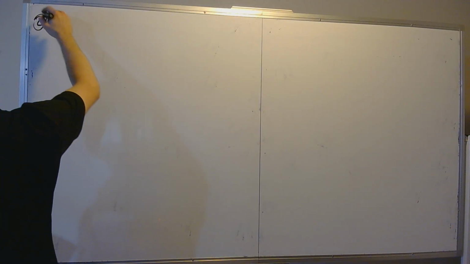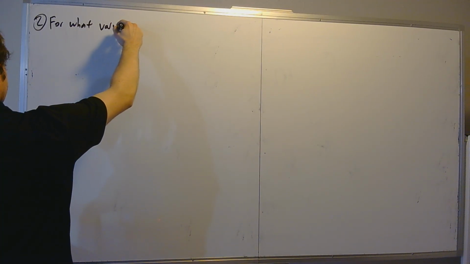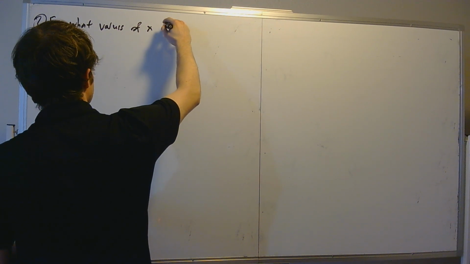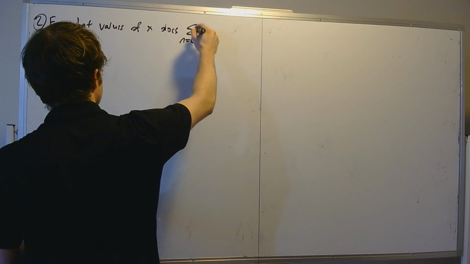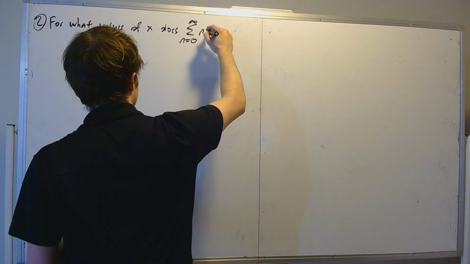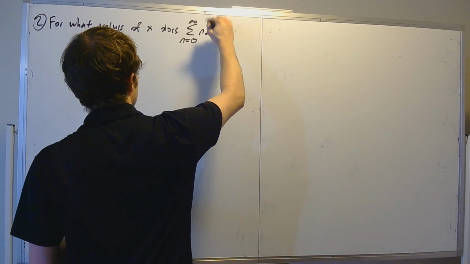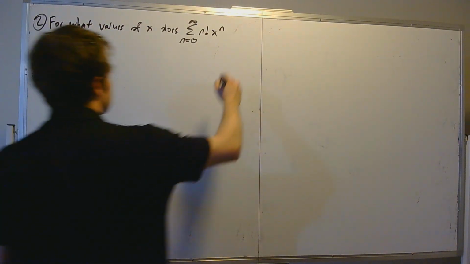Okay, so example number 2 is going to say, for what values of x does the sum from n equals 0 to infinity of n factorial times x to the n converge?